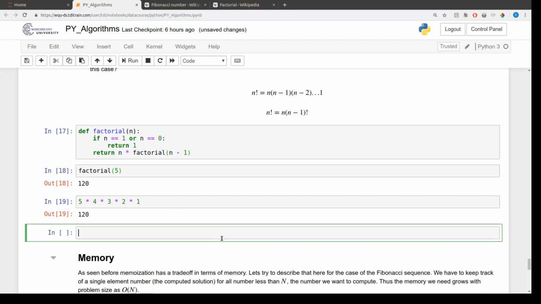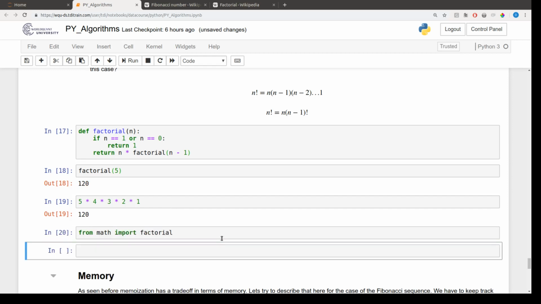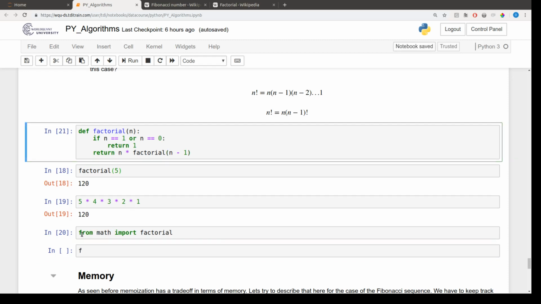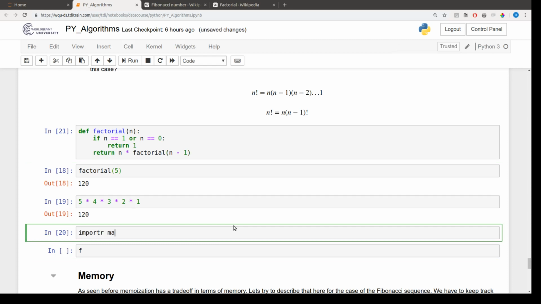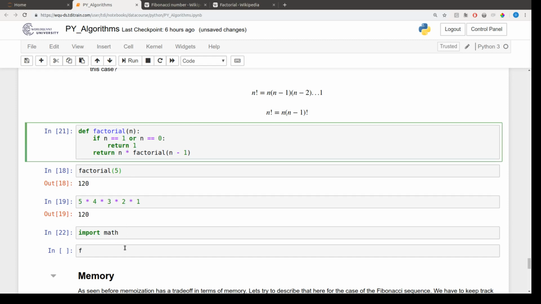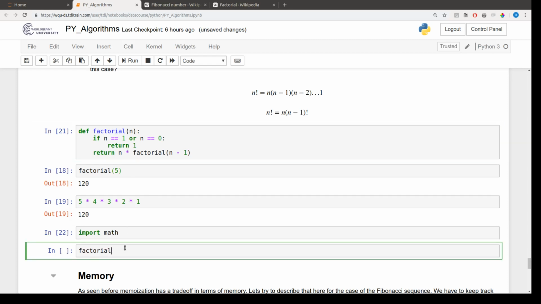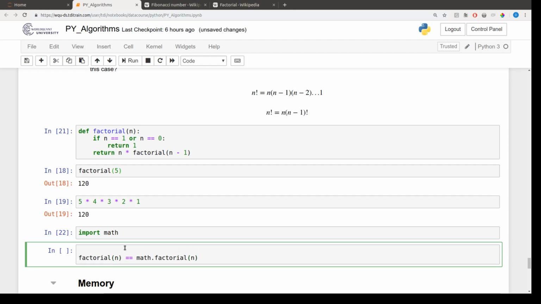And we can even check, there is a factorial function. I actually didn't want to do that. Let's just import math. So we can check that my factorial function is equal to the official factorial function included in the math module in the Python standard library.